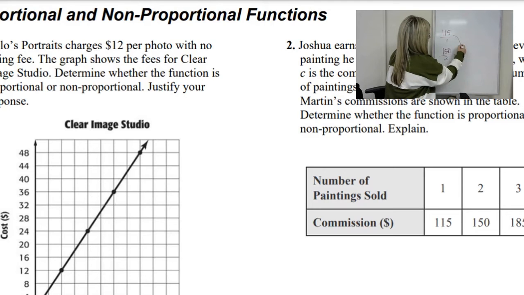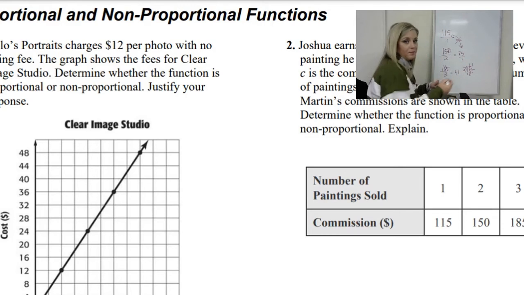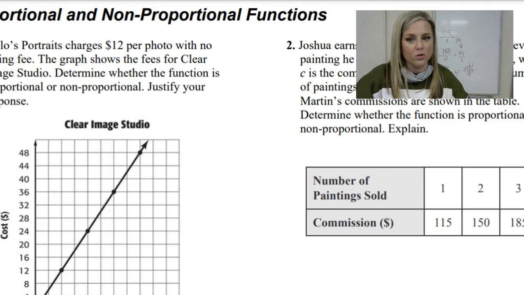That's not the same. These are not equal. And then 185 over 3 is not, because 185 divided by 3 is 61 point something. So that is a non-proportional function.